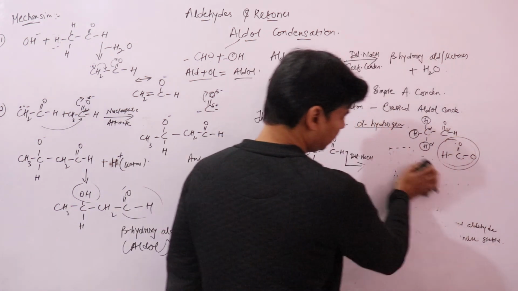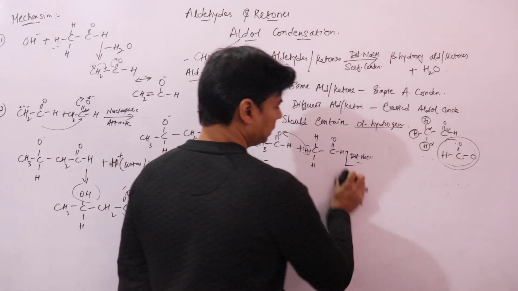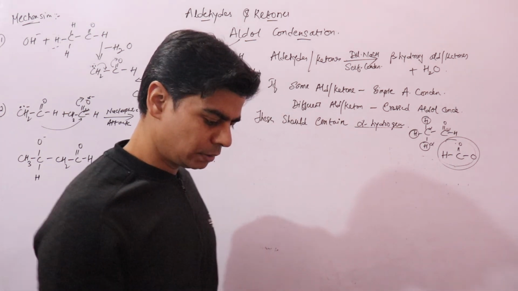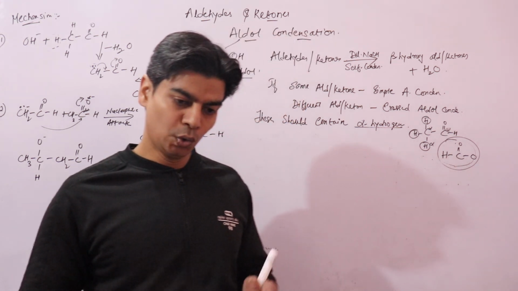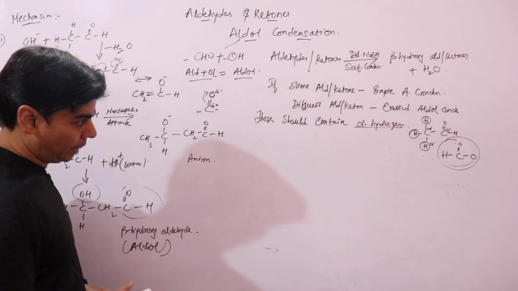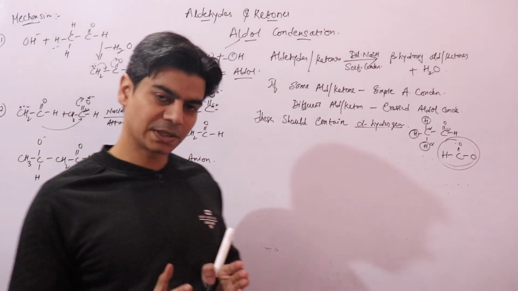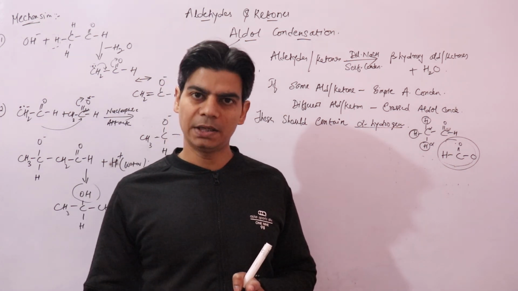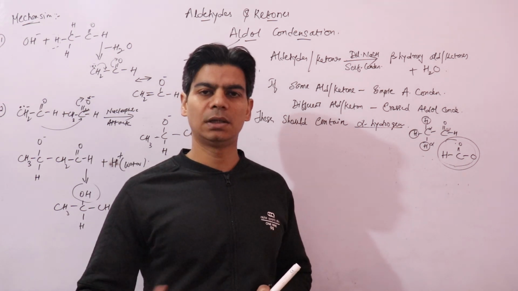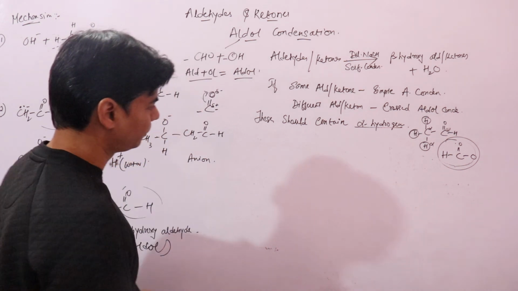Like I said in the beginning, crossed aldol condensation is a reaction between two different aldehydes or two different ketones, and they should possess alpha hydrogens. In this case, one aldehyde can contain alpha hydrogen and the other may or may not contain alpha hydrogens. Now we'll see how the two reactions differ.